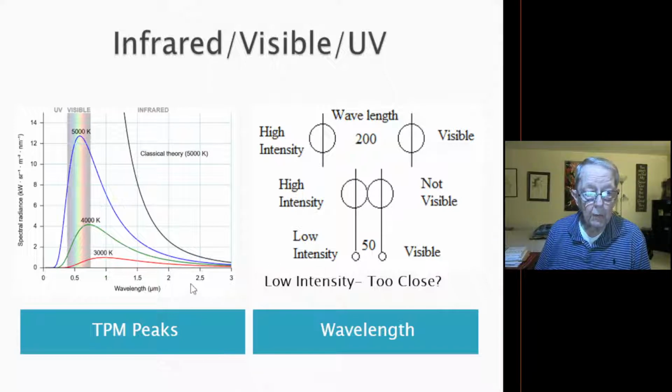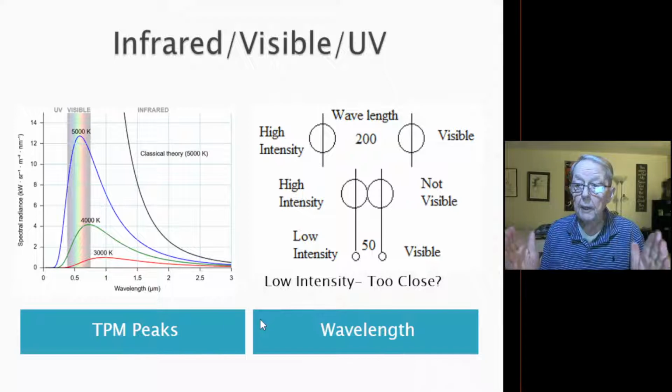Start with the infrared. Even though this overall is low intensity, this is really low intensity here. But it could have a very high or medium peak at a wide wavelength, so there is a frequency there. There is something to measure, but the reason it is small is because the wavelength is so big.